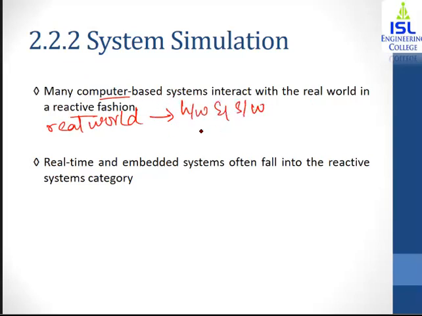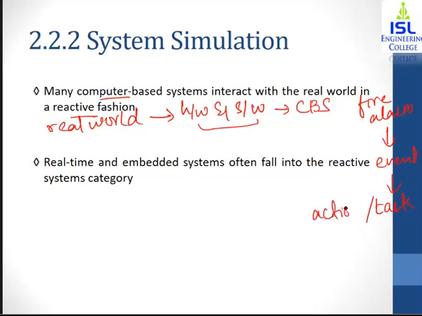This hardware and software combine and form a computer-based system. As in the example of the fire alarm system, based upon the event that is detected by this reactive system, it is going to take a specific action. These types of systems are called reactive systems.